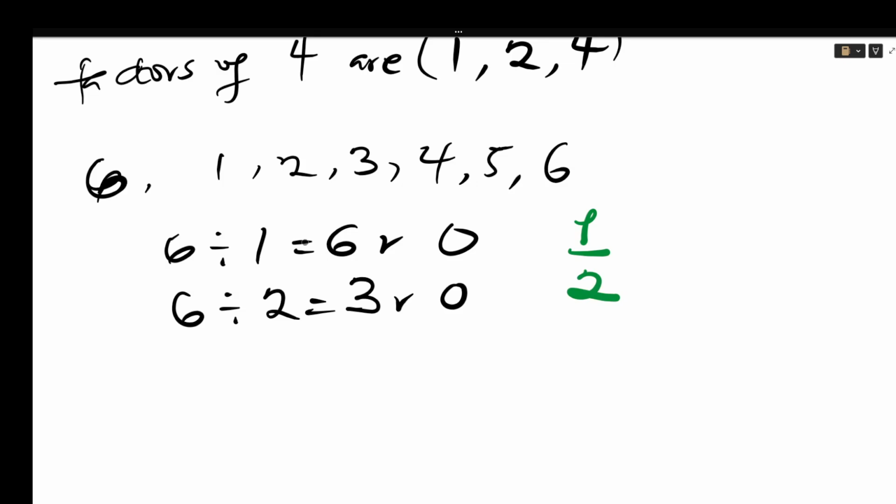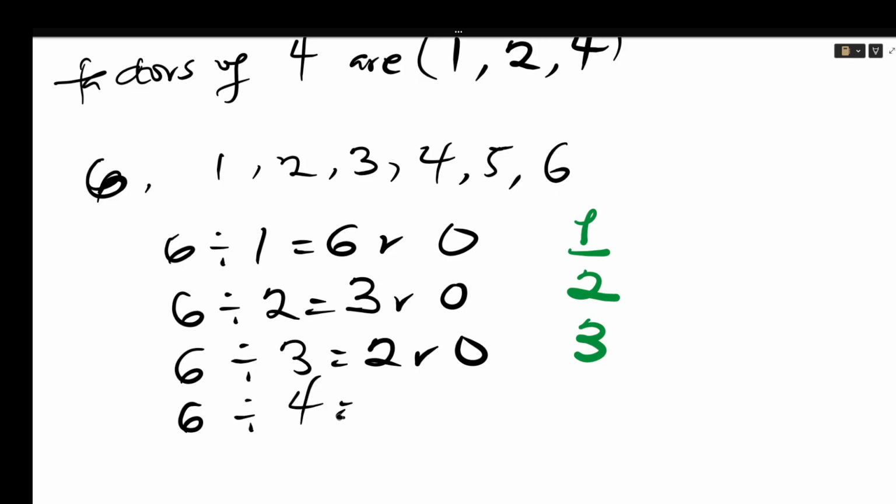We move on to 3. So 6 divided by 3 is 2, remainder 0. So then I also consider 3 to be a factor. We move on to 4. So 6 divided by 4 is 1, remainder 2.